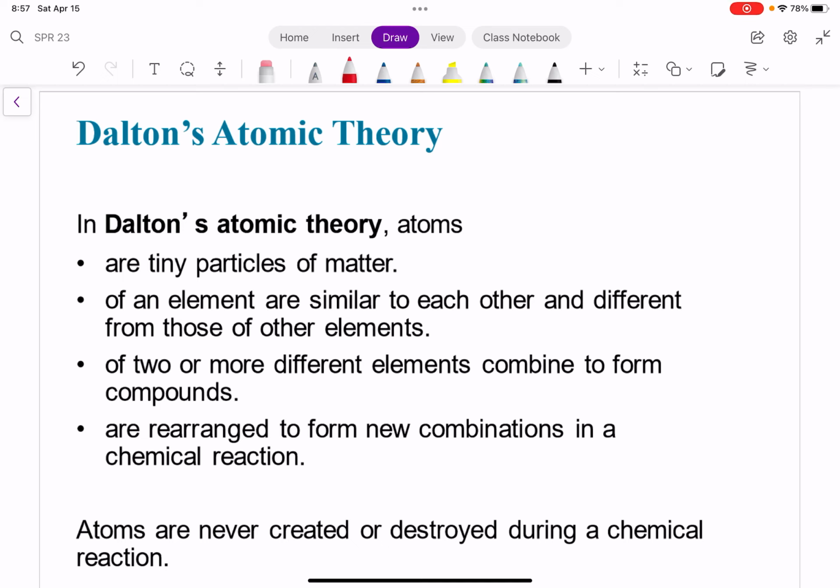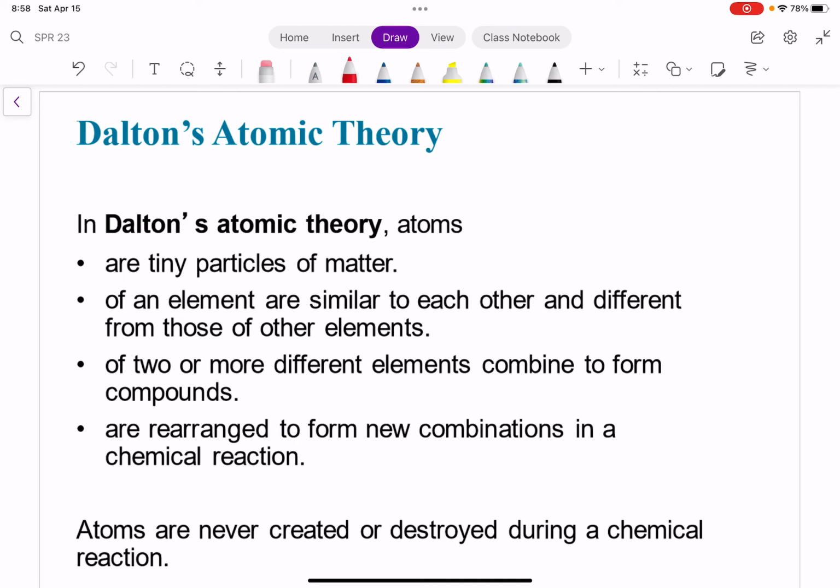But they said that if you kept dividing matter in half over and over again, you would eventually get to the tiniest particles that you can't divide any further, and those would be called atomos. That's what they called them. But we didn't have a specific scientific theory about atoms until a scientist named John Dalton in 1808.